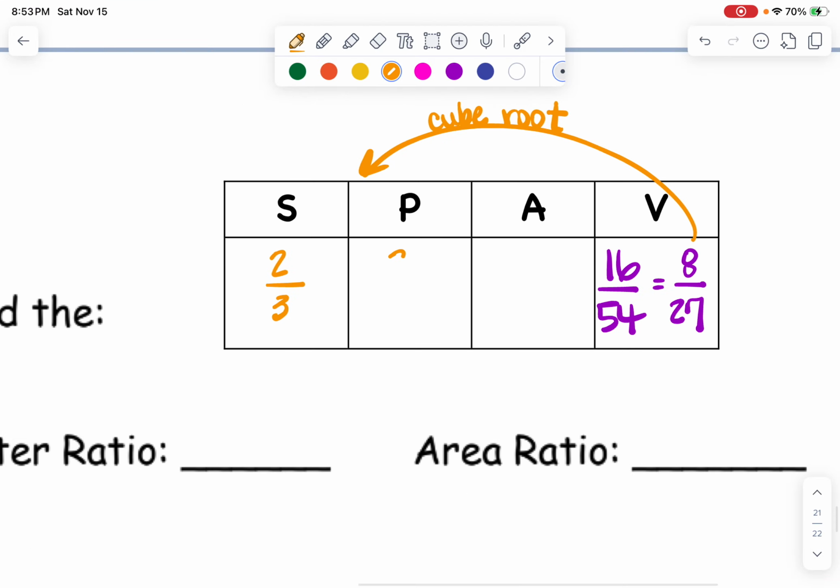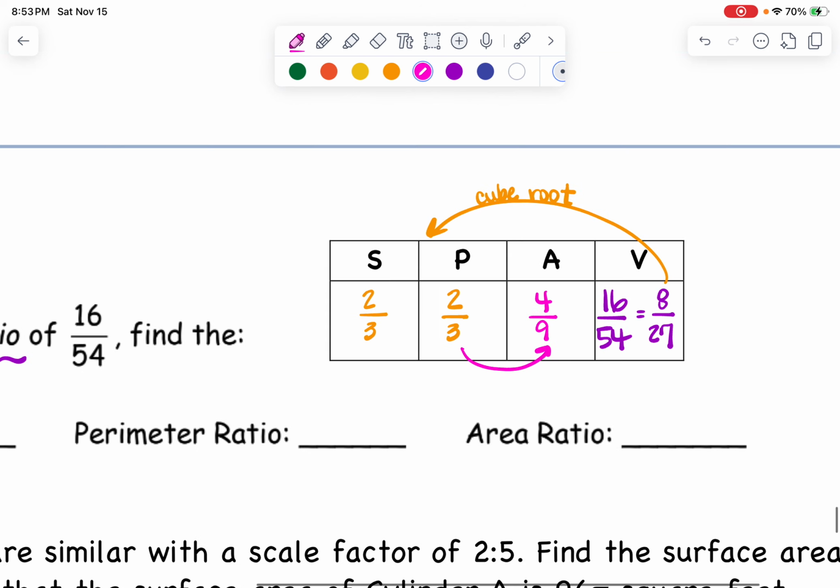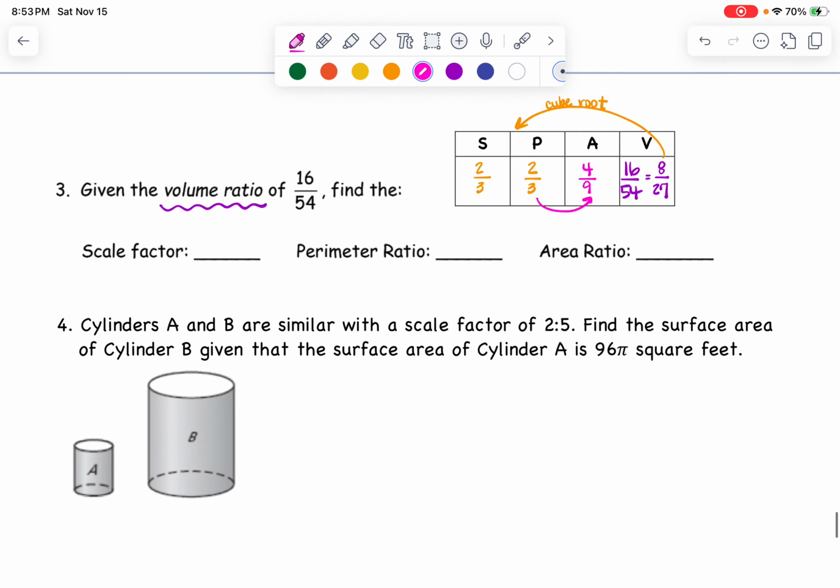I should have used different numbers. And so 2/3. And then, of course, we're going to square it to hop up to 2D, which gives us 4/9. So again, it takes 5 to 10 seconds to make a SPAV chart. And then once you have all the dimensions represented, we're going to pull out the one that we want for our math problem. So let's go do some problems.